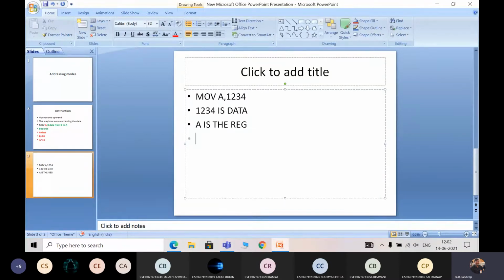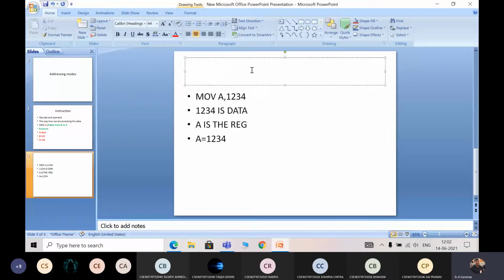If you execute this instruction, what will be the output? The output will be A equals 1234. As it is an 8086 microprocessor, it supports 16-bit data directly. So we can give 1234 as the data.